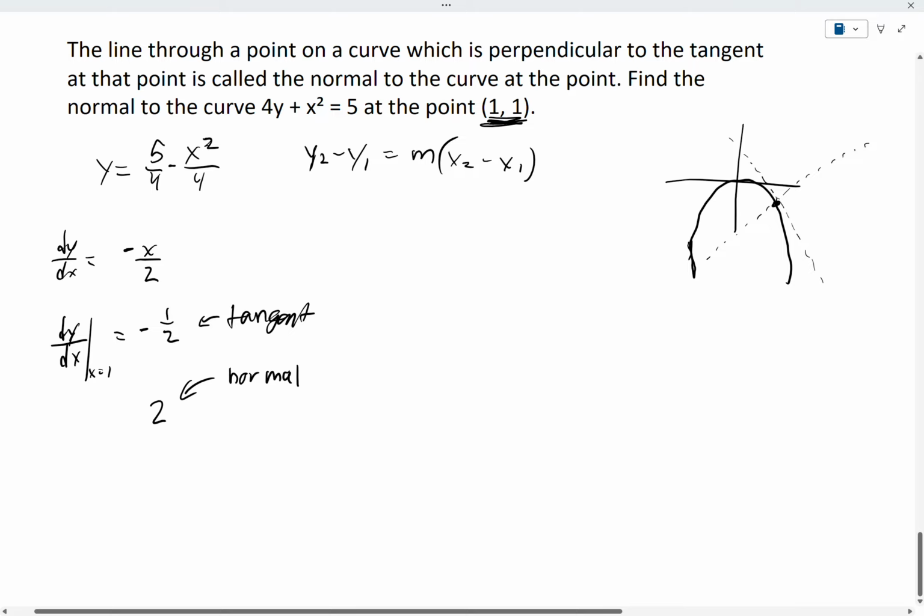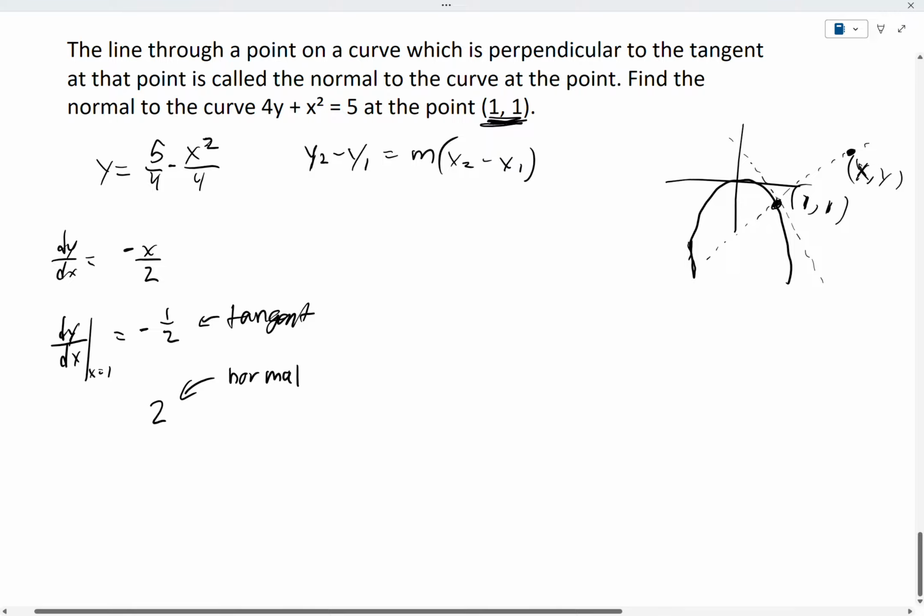For this line, I'm going to pick (1, 1) to be one of my points, and I'll pick my other point to be just some (x, y).